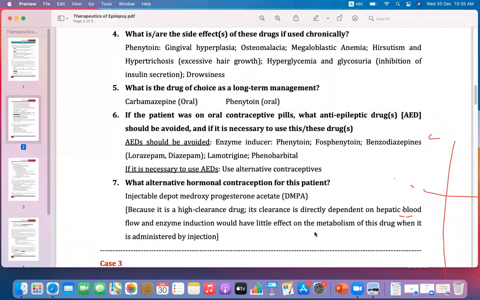But the other contraception method, like the barrier method, can also be combined with hormonal contraception, and this is the advice for the woman patient who is on anti-epileptic drugs and who is also taking oral contraceptive pills.